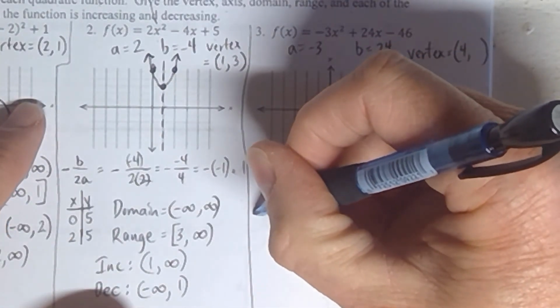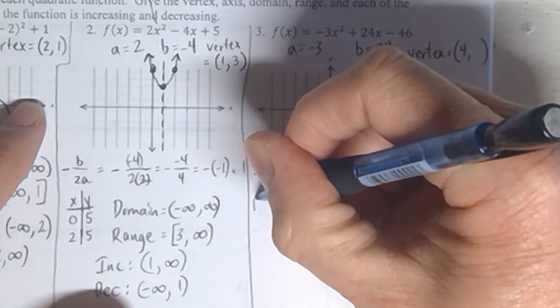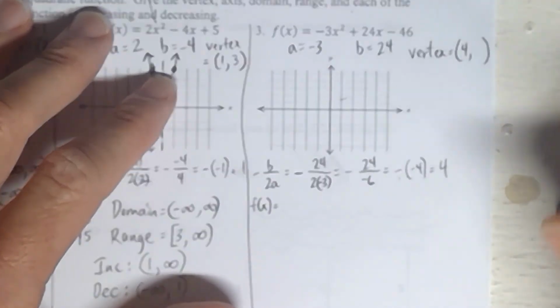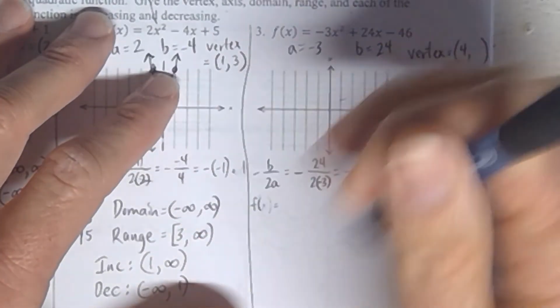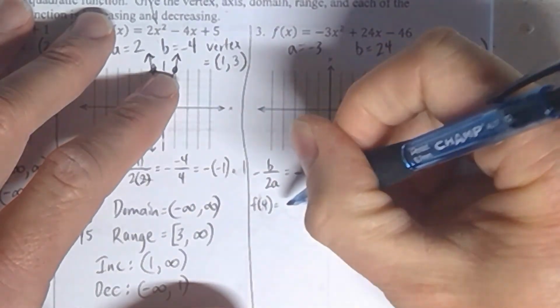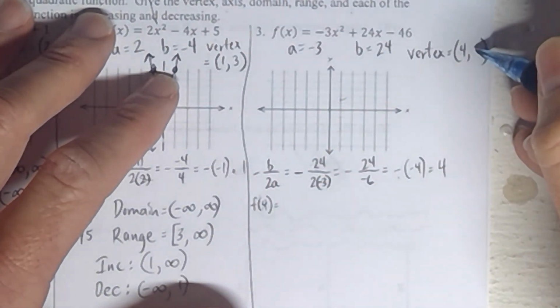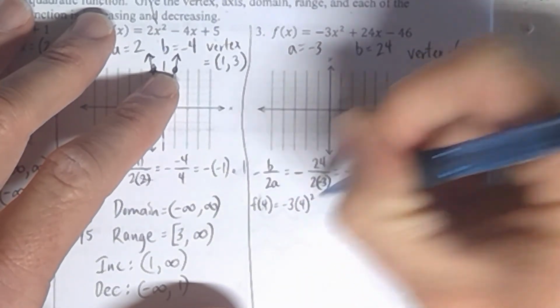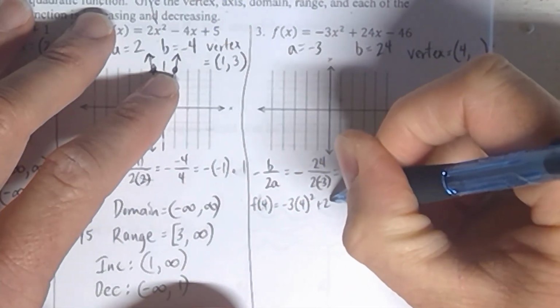I'll go ahead and show the work this time, I guess. I'll write kind of small, though, so I can fit it in here. The f of 4, if I plug in the 4 into x, I get this right here.